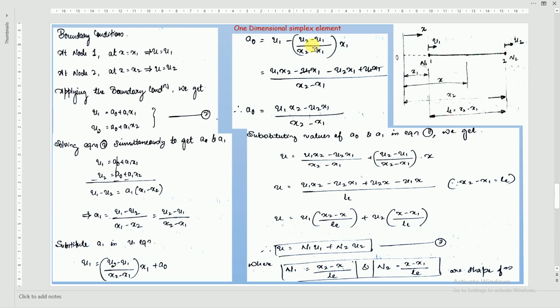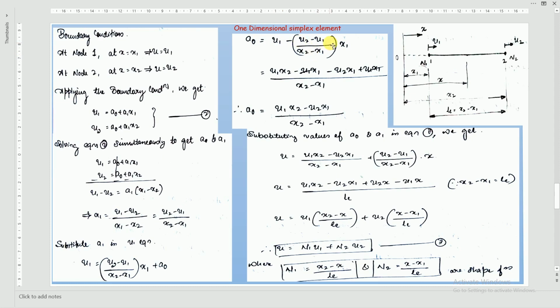Now we'll take the LCM. What is the LCM? x2 minus x1 is the LCM. Now you multiply that x2 minus x1 to this term u1. If you take u1 common in these first two terms, are you getting x2 minus x1? This has been taken on this side and this has been expanded here: u1 into x2 and minus u1 into x1. Getting it?